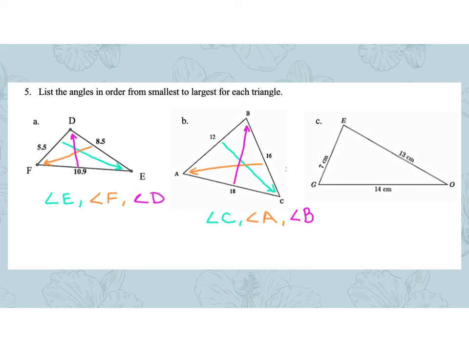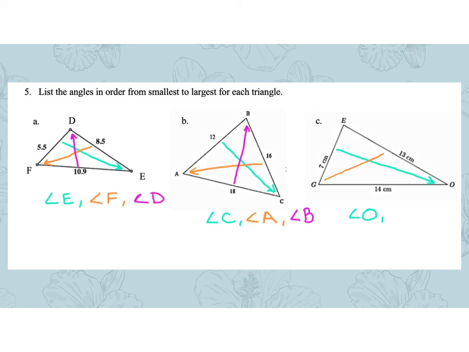For our last triangle, our shortest side length is 7 centimeters. So I'll draw an arrow across to the opposite angle. Angle O is the smallest angle. 13 centimeters, side EO, is my middle side.